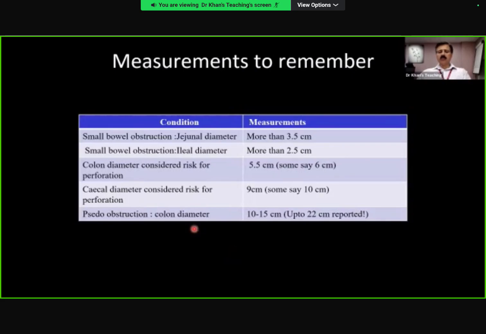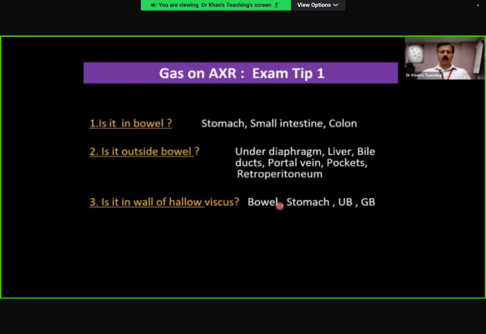And these patients are usually bedbound. They might come to you from care homes, etc. And all of these rules, they don't hold for them. And up to 22 centimeter bowel dilatation is reported. I think all of you know these, but this was just for revision.